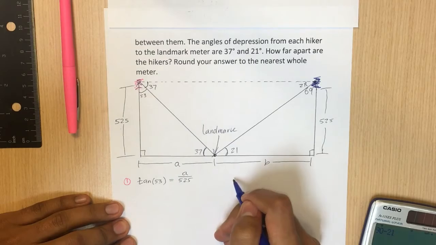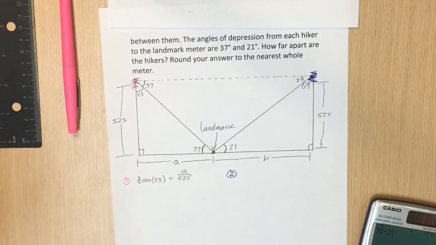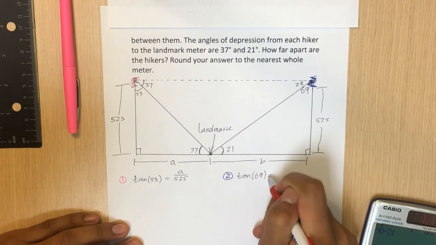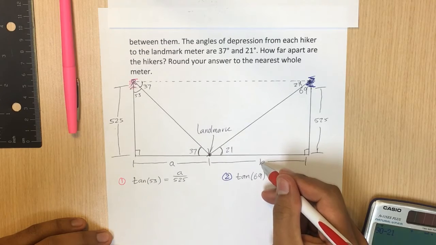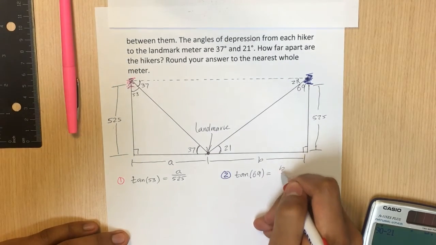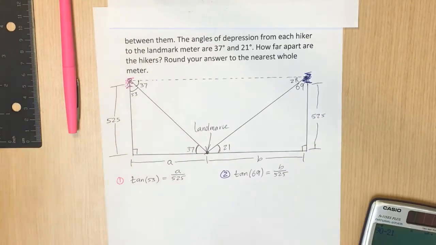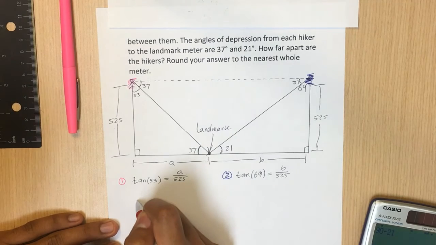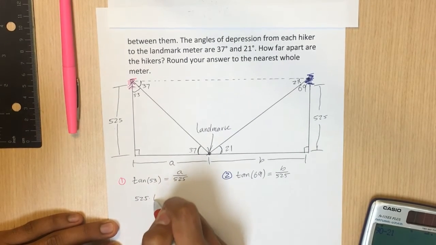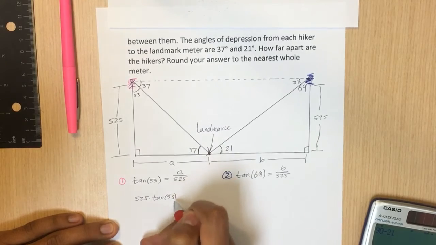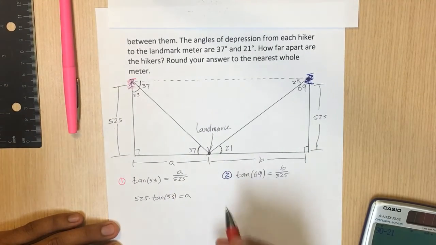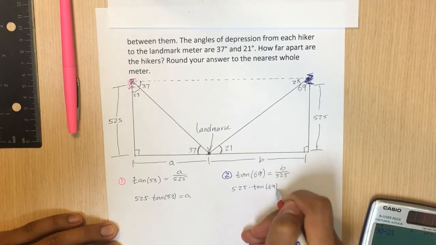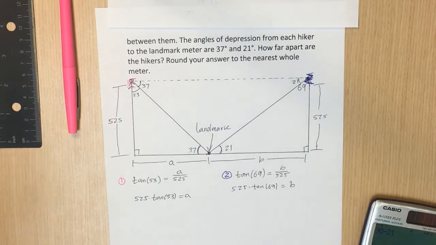And then the equation for my second hiker is going to be that of tangent of 69, and that's equal to the opposite over the adjacent, so b over 525. Now all that I have to do is solve for a and b. So we have 525 times tangent of 53 is equal to distance a, and 525 times tangent of 69 is equal to the distance b.